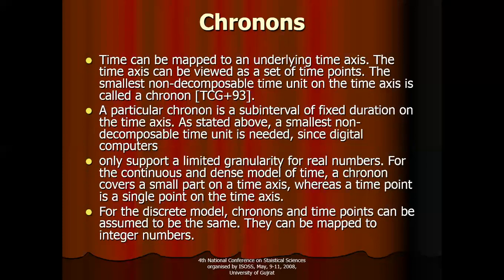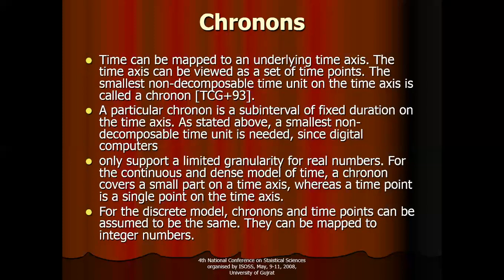For example, you want to define a salary. The salary of an individual, there is no need to define it on a second basis. There is no need to define it on a minute basis. Sometimes there is no need to define it on an hour basis, maybe, or it can be hour, but it means that whatever problem you have and you are modeling, how you want to do it is up to you.